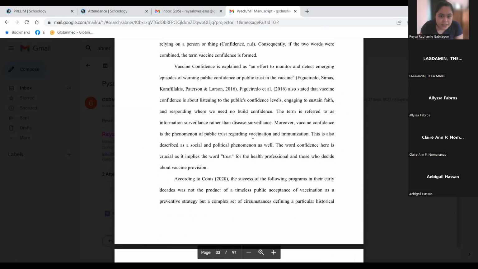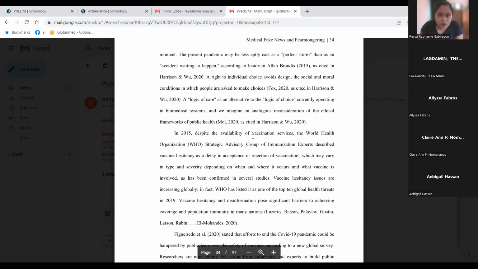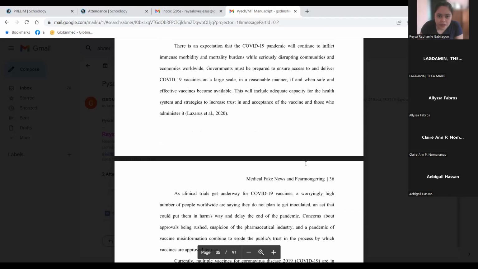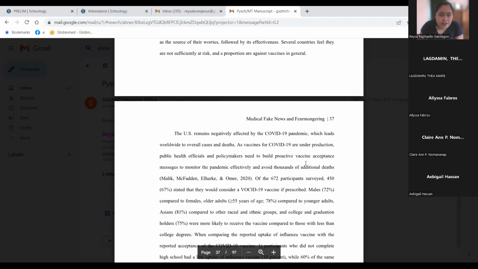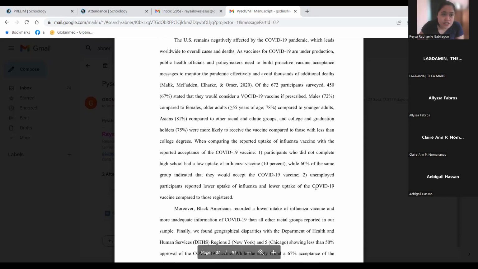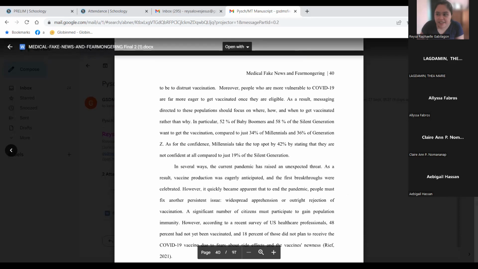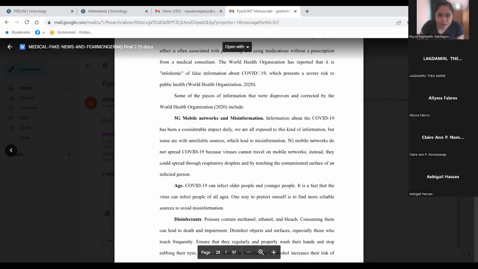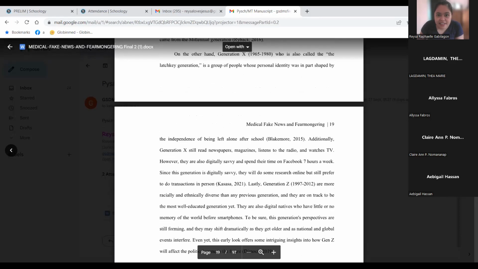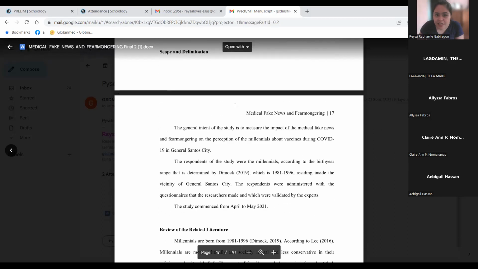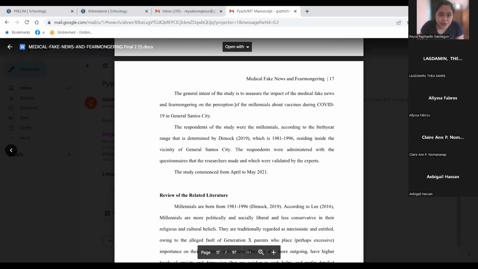They arranged this in chronological order depending on the topic they wanted to discuss, but they made all of the information a coherent whole. There are many pages, but they discussed what they needed to discuss about their research.